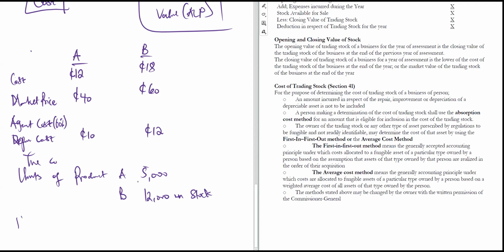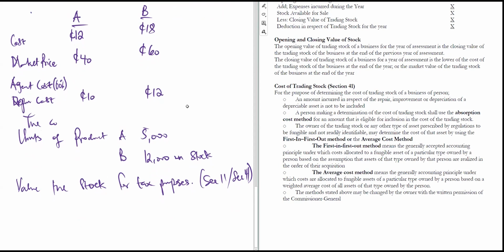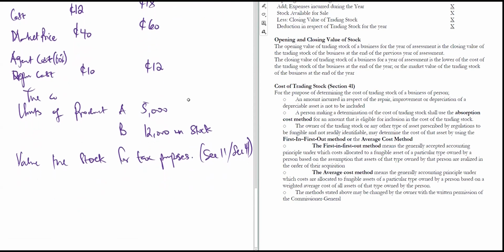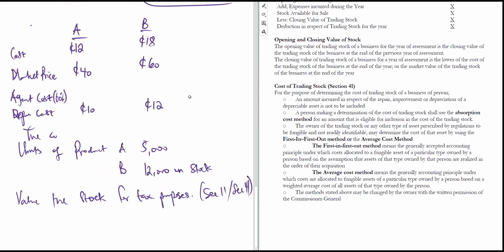So we are going to value the stock for tax purposes. This is a simple illustration, which is just in line with our normal IAS 2. So now, what are we going to do?